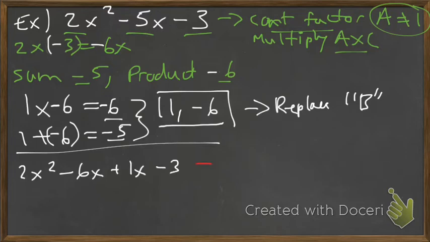Okay, now if I look at this, I'm going to group and factor. So let's take this first set and the second set, and I hope at this point everyone can kind of see where that's going to end up. 2x squared minus 6x, I can pull out 2x. I'm left with x subtract 3.